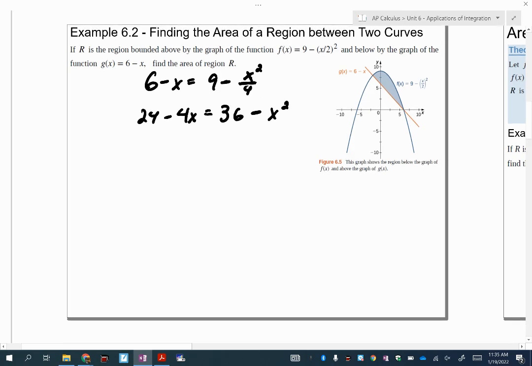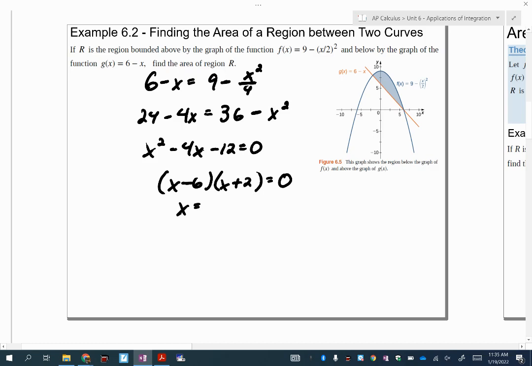I'm going to get everything to one side and set it equal to 0. So that's a positive x squared when I move it over. That's going to be minus 4x. And then when I move the 36 over with subtraction, I get minus 12. Doing our factoring from Algebra 2, we get, let's see, x minus 6 and x plus 2.